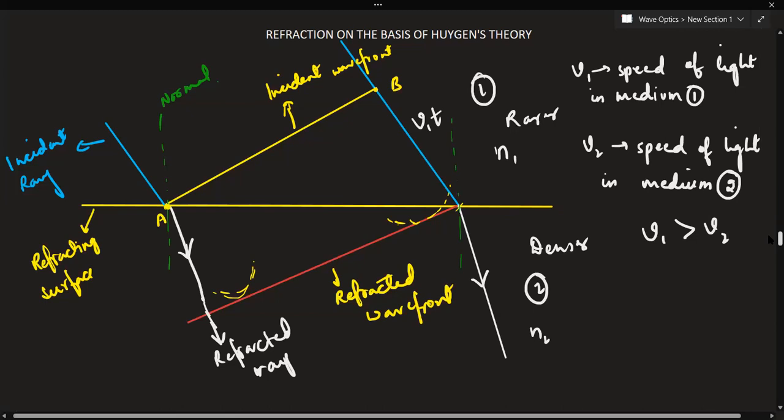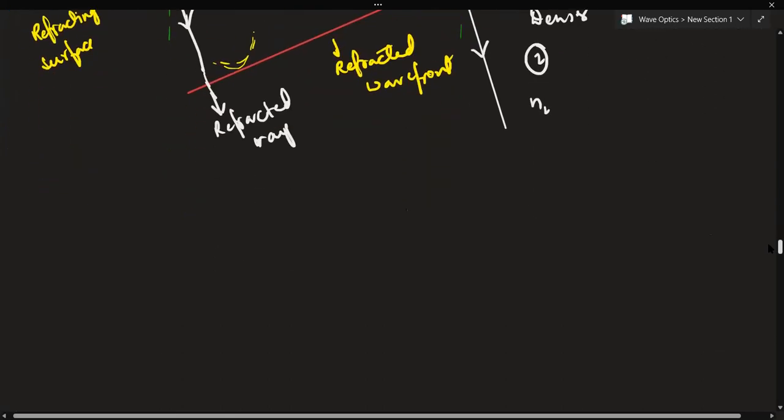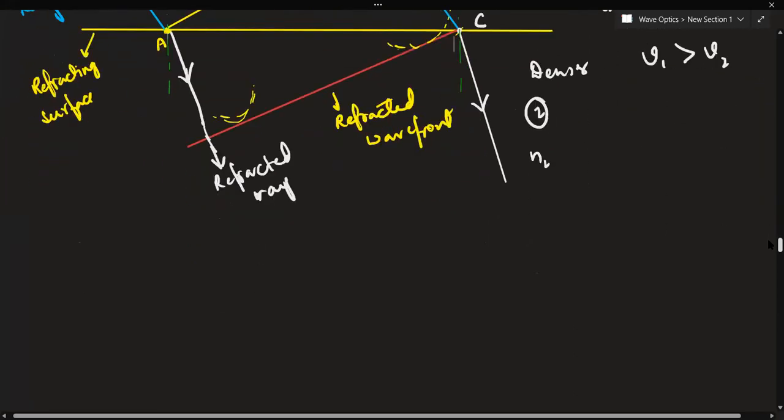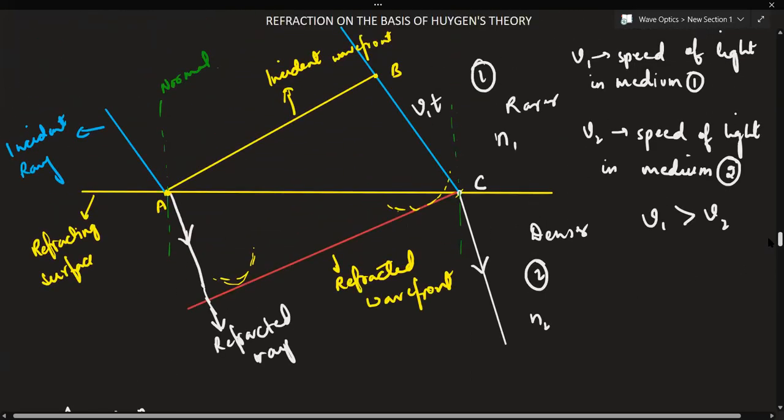Now let's see a few calculations. If I take this triangle ABC, let's name this point C. Before this, one more thing: the incident angle for the wavefront will be this, and the refracted wavefront angle R will be this.